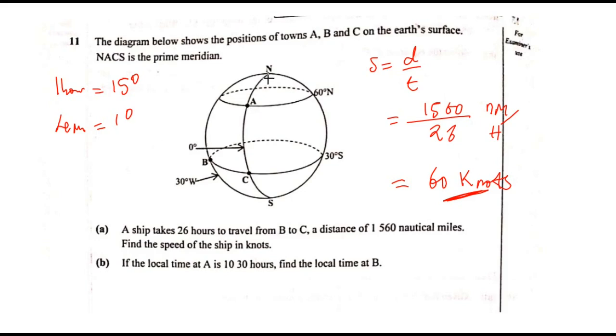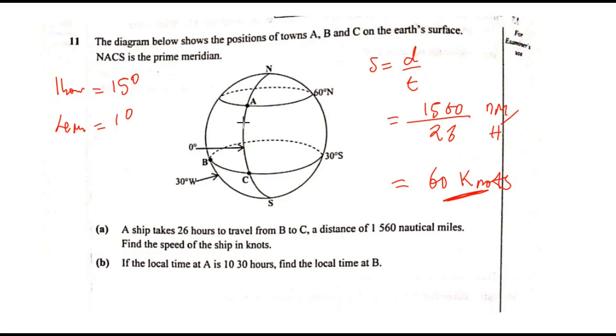Time is measured based on a difference in longitude, which are the lines which run from north to south. Towns or places which are on the same line of longitude have the same time, and towns located on the prime meridian have the same time.